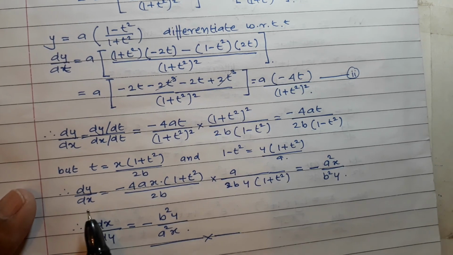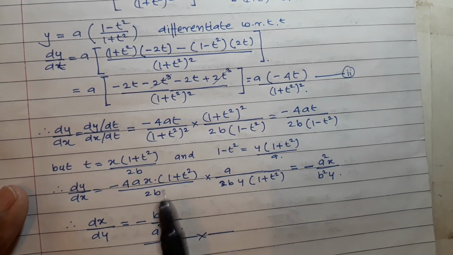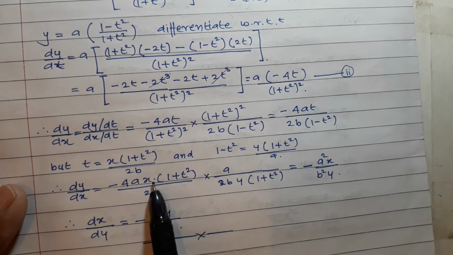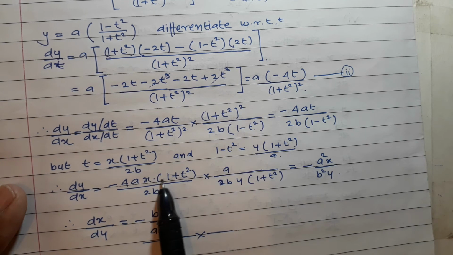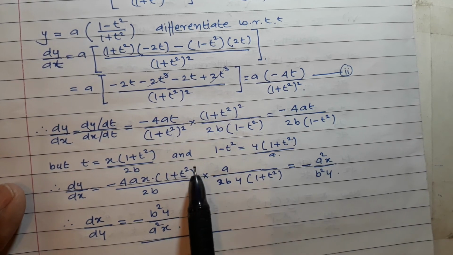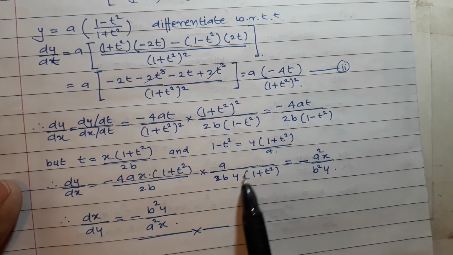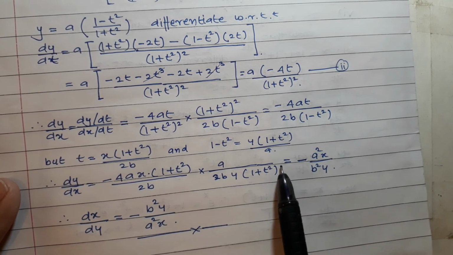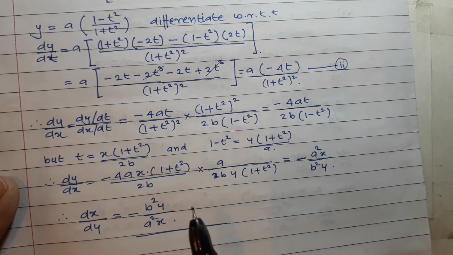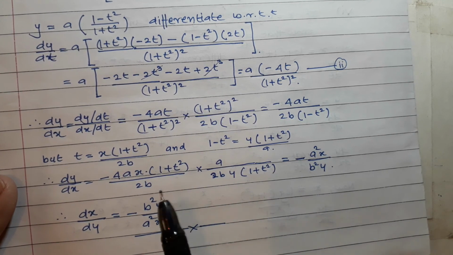So therefore dy/dx is equal to minus 4a into x into bracket 1 plus t square upon 2b, into a upon 2b y into 1 plus t square. Again you simplify, this and this get cancelled.